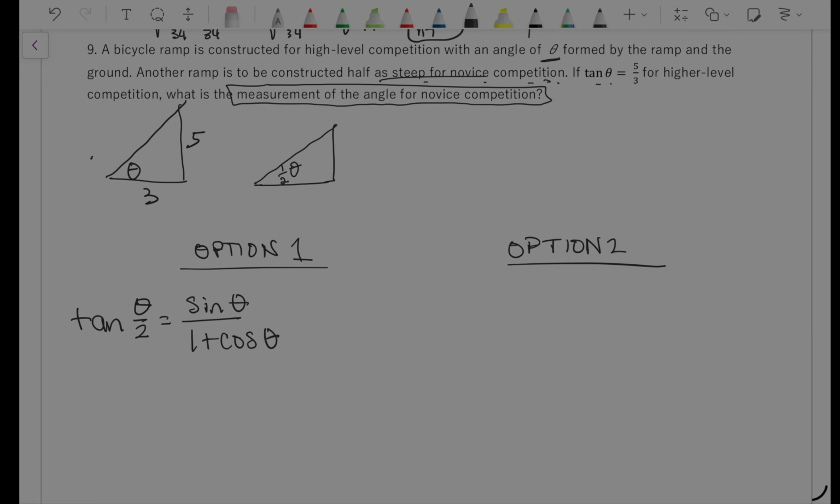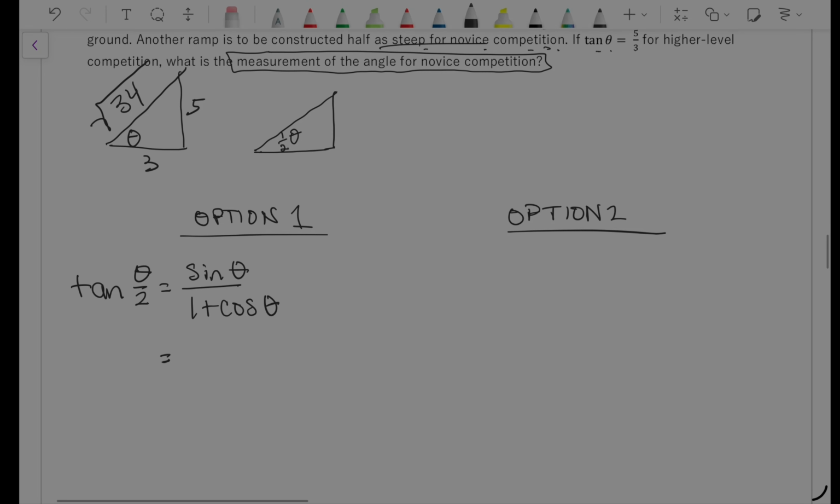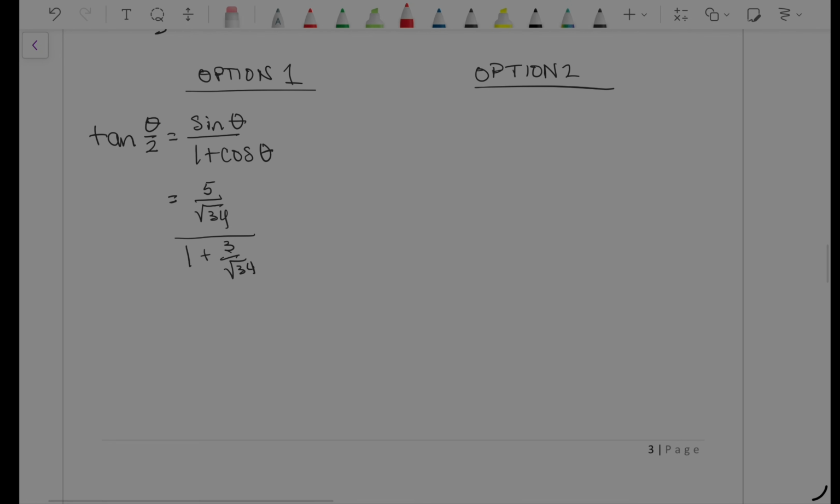Which means I need to come here and get the hypotenuse. 25 and 9 is 34, so square root of 34. So this means that sine of theta will be, and this is what tangent of theta over 2 is.